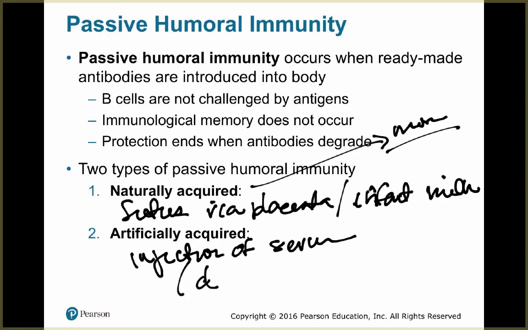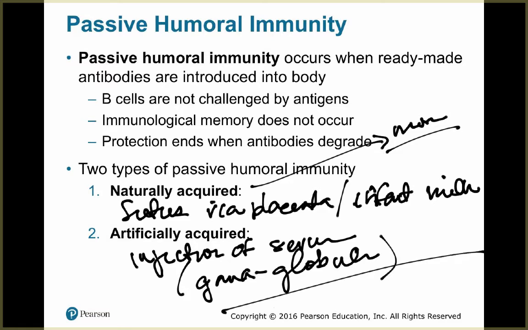And so they may try to inject you with gamma globulins. And so this protects you until they degrade. So you're hoping, breastfeeding helps a lot because you're getting the immunity.